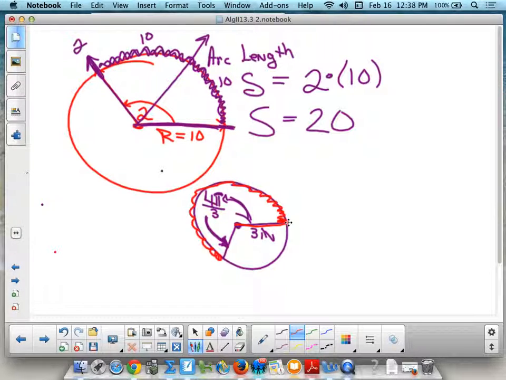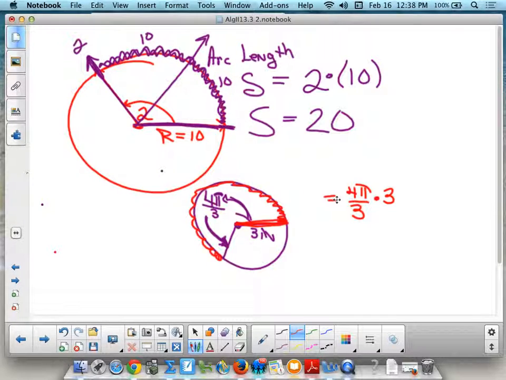So don't you just take this number and multiply by that number? Yeah, so you'd say, how many of these radians do I have? I have 4/3 pi times, what's the radius? 3 inches. So, oh no. Guess what I just did?